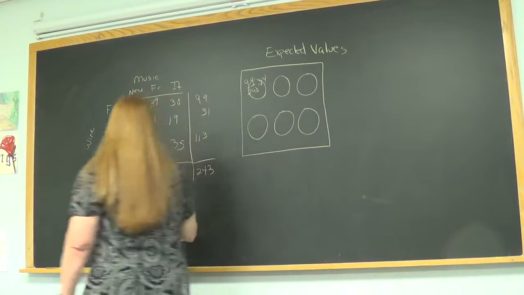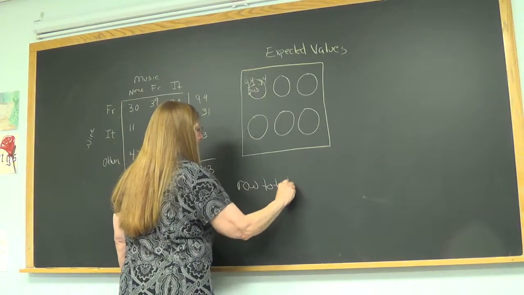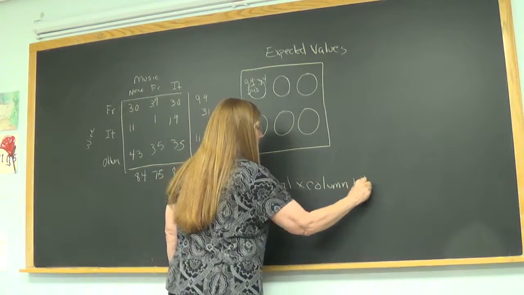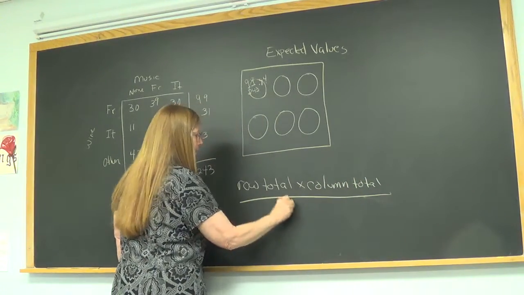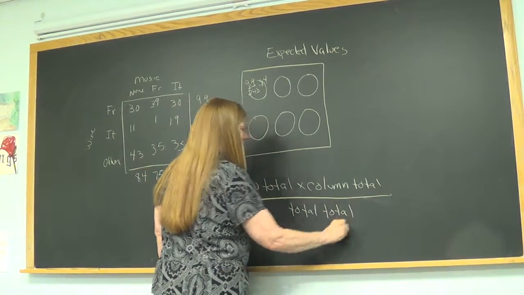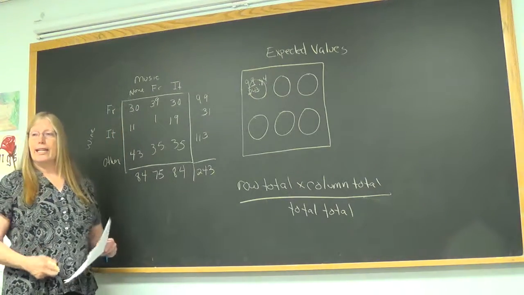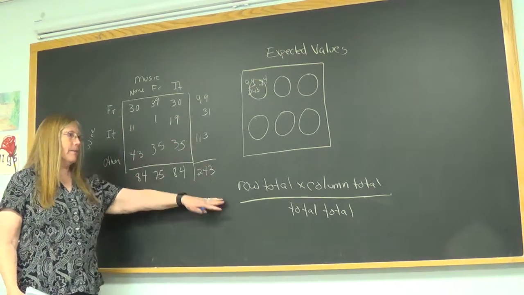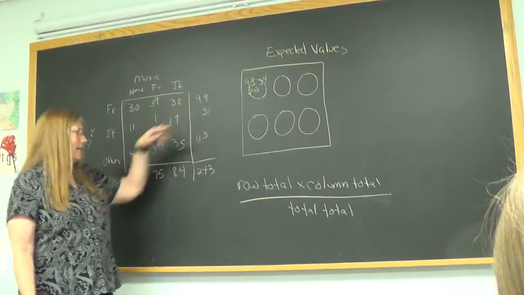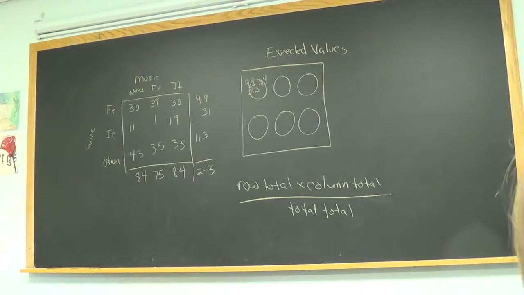So row total times column total divided by total total gets you the expected value. I like to think it through a little more than that, but it is mathematically the same steps. This divided by this times this is the same as this times this divided by that. So, whatever gets you there.